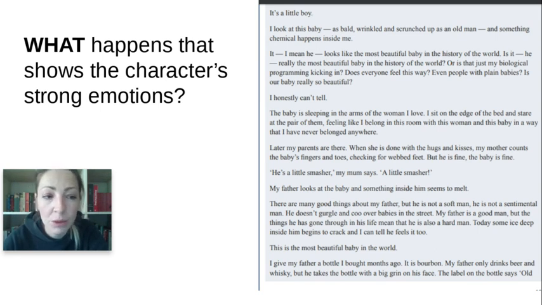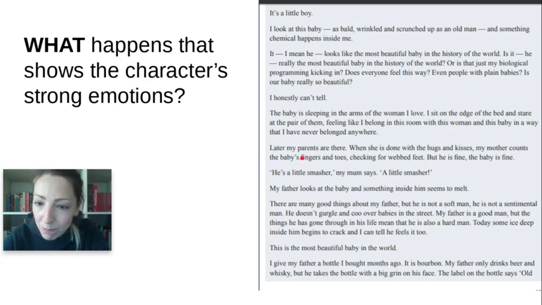It's probably not the most beautiful baby, but it shows his strong emotions. Look at all these rhetorical questions showing him questioning himself and his confusion, his excitement. Then he talks about what the baby's doing, and he says he feels like he belongs in a way that he's never belonged anywhere. That's a really strong emotion there, isn't it? It shows how much he's changed.